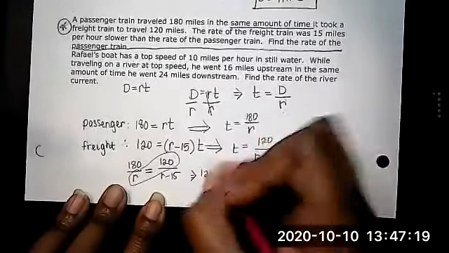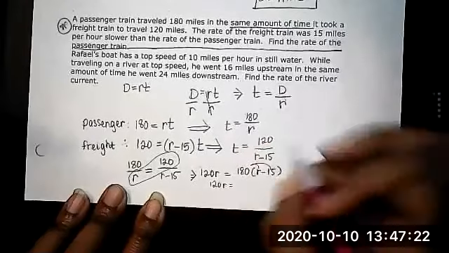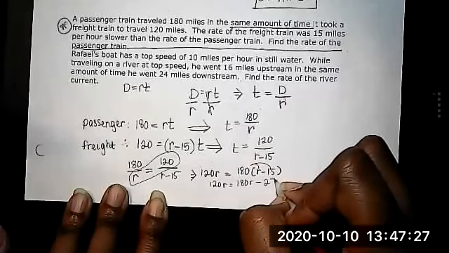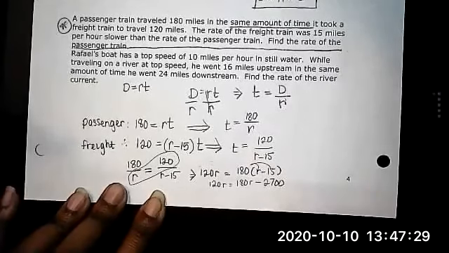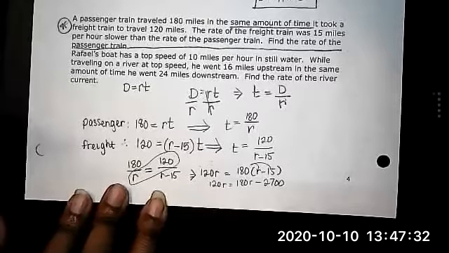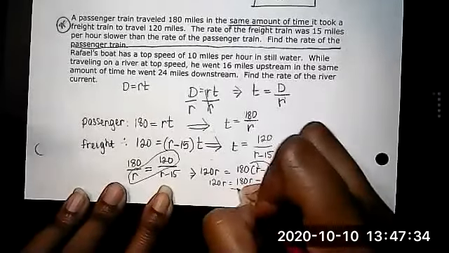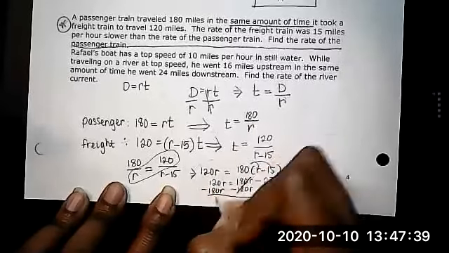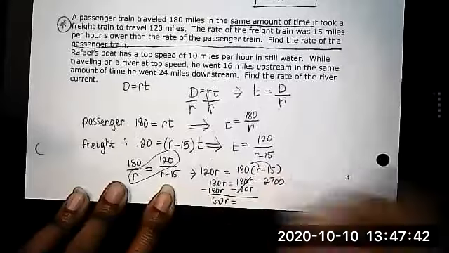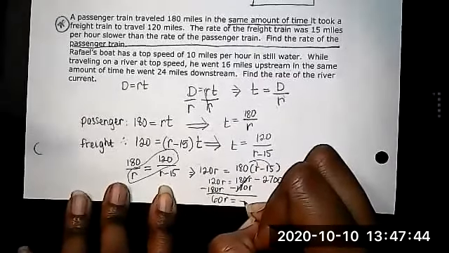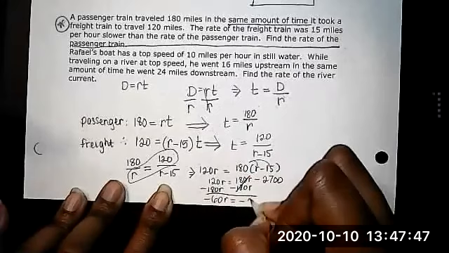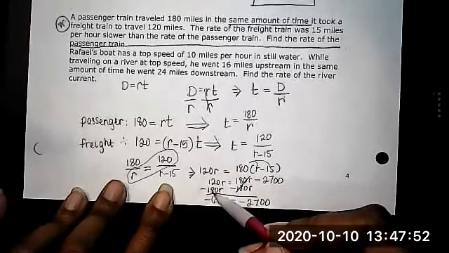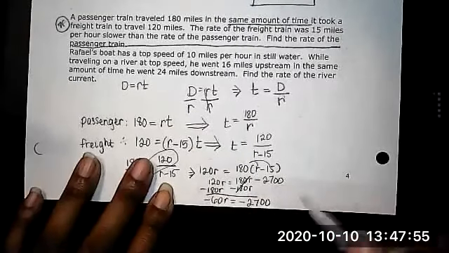I distribute this. I got 120R equals 180R minus 2,700, because I multiplied 180 times 15 and got 2,700. Let me subtract 180R from both sides. And I got negative 60R equals negative 2,700, because again, 120 minus 180 is negative 60.